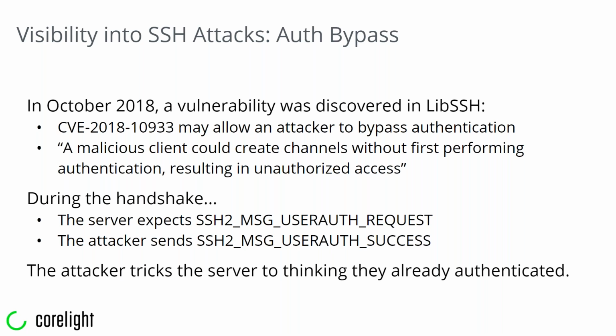And there was a vulnerability in libSSH where the client could just say, we've already succeeded. We've already sent what the server would normally send as an auth user success message, which is a pretty cool trick. It allows the attacker to tell the server that they've already authenticated and just bypass this whole step.